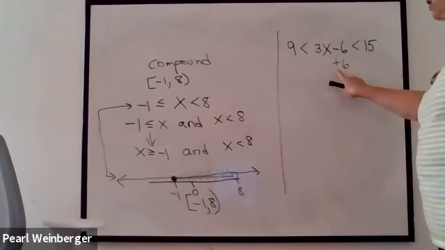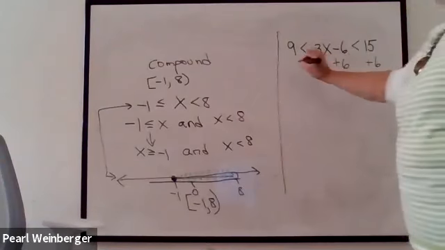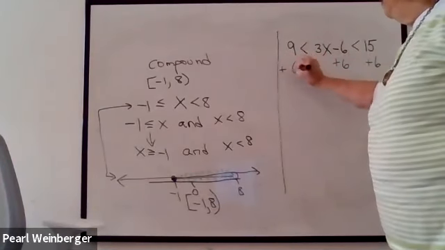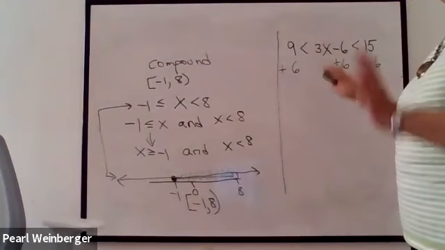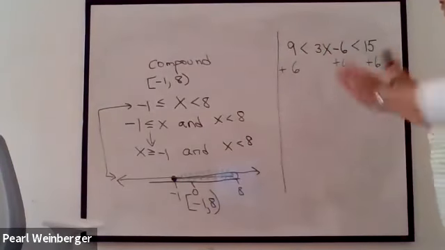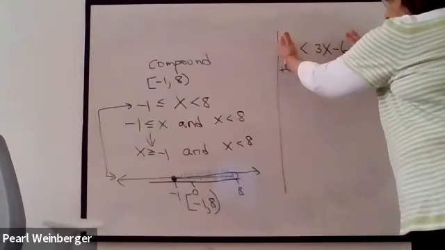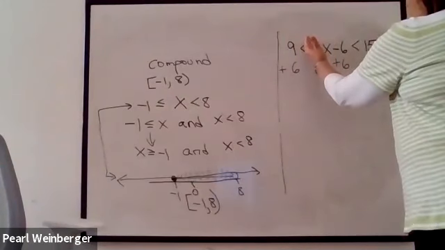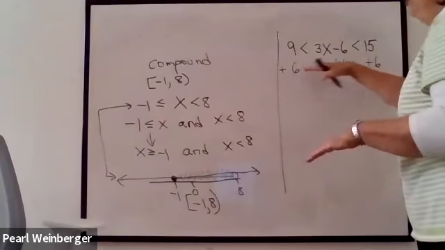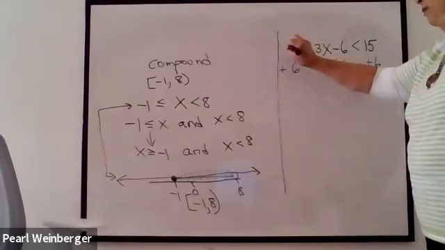If I add 6 to the middle, I have to add 6 on the right side, but I also have to add 6 on the left side, because I'm really doing two problems at once. I'm doing the problem where I have 9 less than 3x minus 6, and I'm doing the problem where I have 3x minus 6 less than 15. I'm doing them simultaneously.